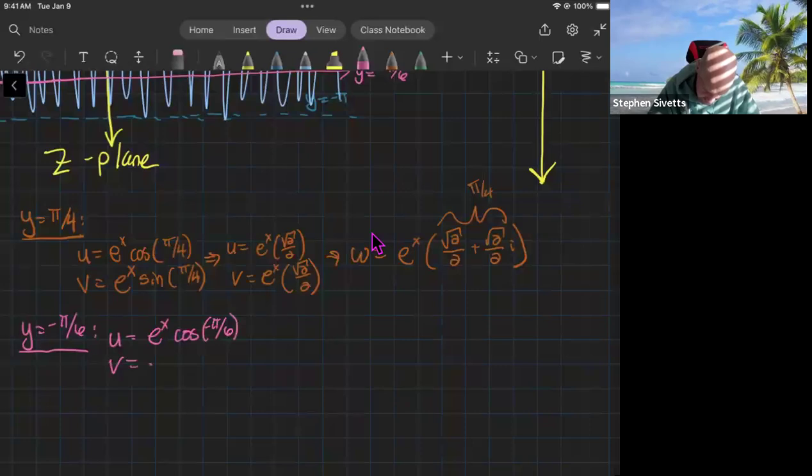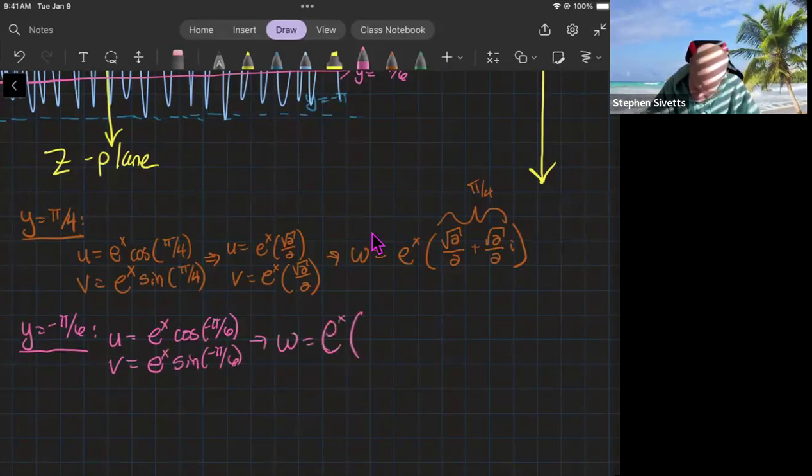And then v is e to the x sine minus pi over 6. So that means the w coordinate is equal to e to the x times root 3 over 2 minus 1/2 i, right?